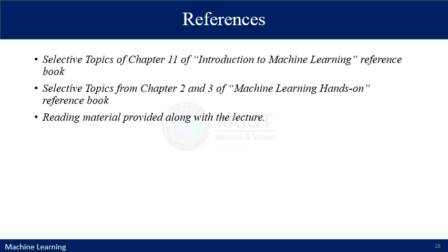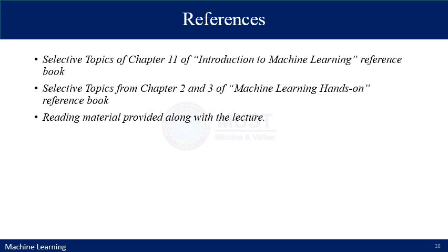So this is the end of this lecture, and if you want to explore more about the topics discussed in this lecture, you can read some concluding topics of chapter 11 from the Introduction to Machine Learning reference book, or you can read the selective topics about cross-validation in chapters 2 and 3 of the Machine Learning hands-on reference book.